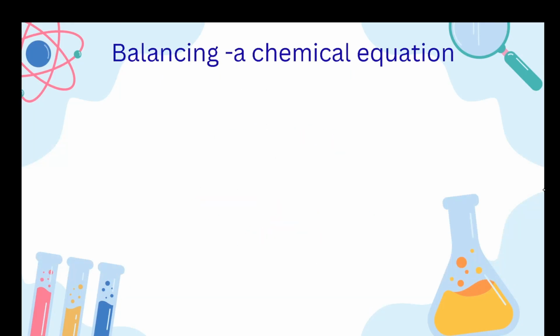Okay. Now, to balance a few chemical equations, we will take a few simple examples so that you understand how we balance a given chemical reaction. We are taking the example of magnesium reacting with oxygen forming magnesium oxide. In this case, magnesium, one atom is there, and we need to balance the oxygen.